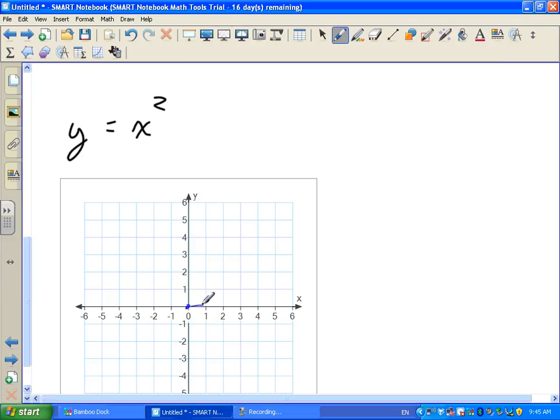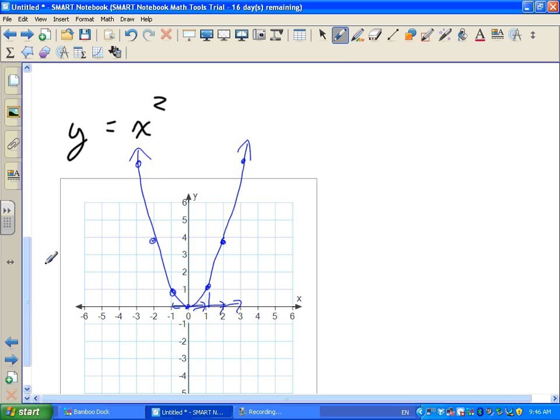We go over 1 and up 1. Over 1, up 1. Then we go over 2. How many do we go up? 4. We square it. Over 2, up 4. When we go over 3, we go up 9, which doesn't quite show up on this graph. I should show you a better one. This is our regular parabola.